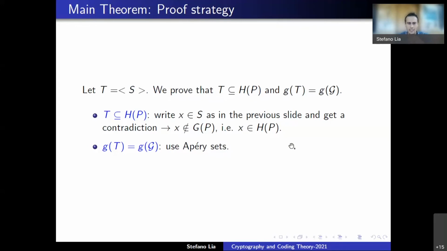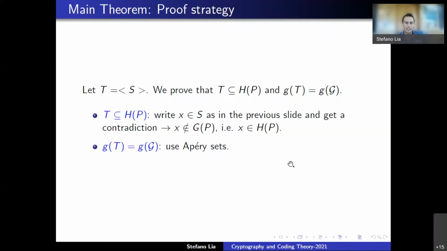Now, the first task requires you to write each generator x of S as in the previous slide, and you reach a contradiction. Therefore, it is not a gap and must be an element of H(P). And of course, it holds true also for the semigroup generated by S.